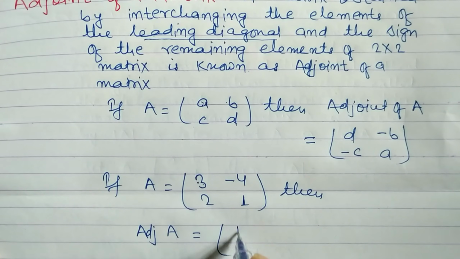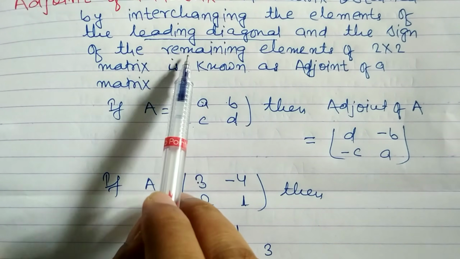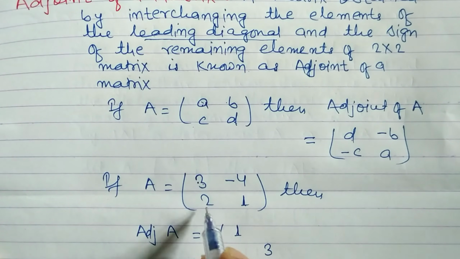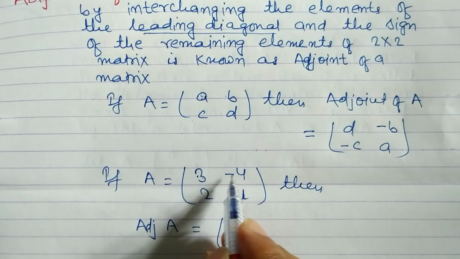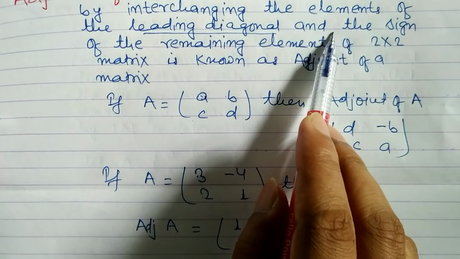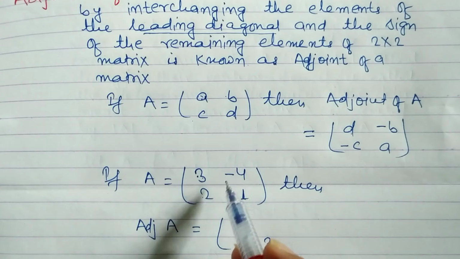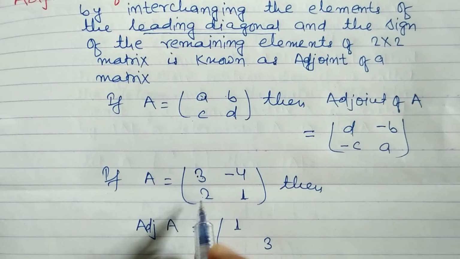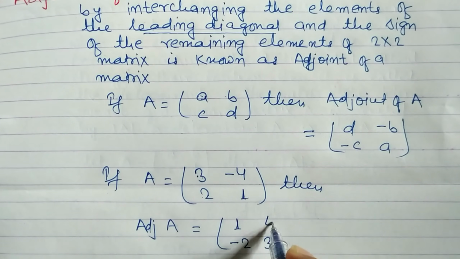In the place of 3 we write 1, and in the place of 1 we write 3. For the remaining elements, 2 and minus 4, we just change the sign, not the elements. If positive 2, we write negative 2. If negative 4, we write positive 4.